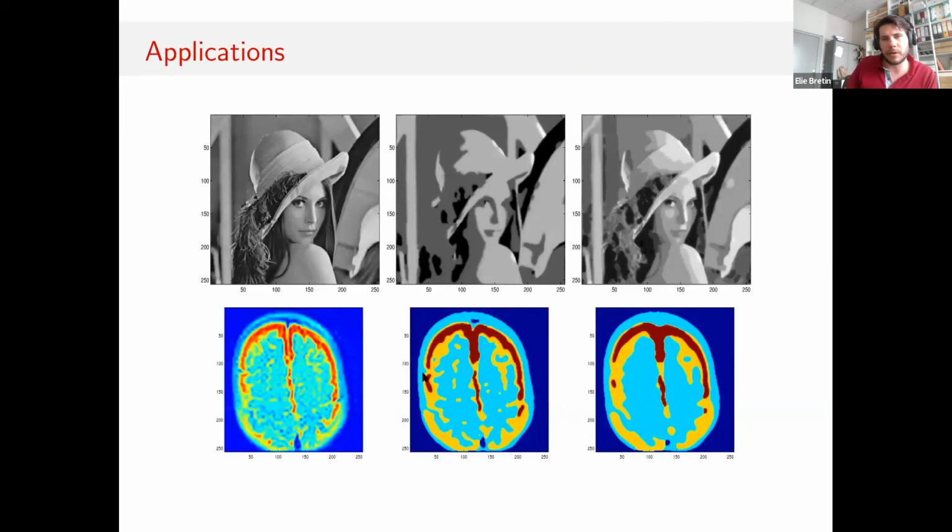And we see that if we increase beta, we can obtain a partition where the length of the perimeter of the partition diminishes.